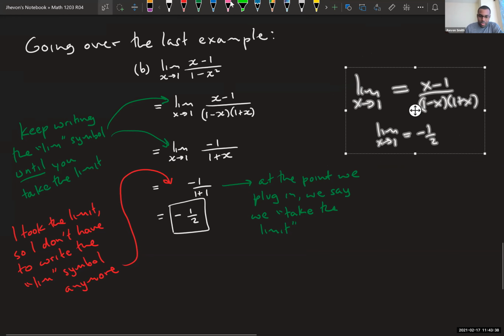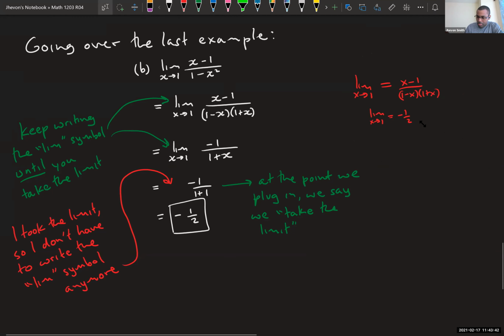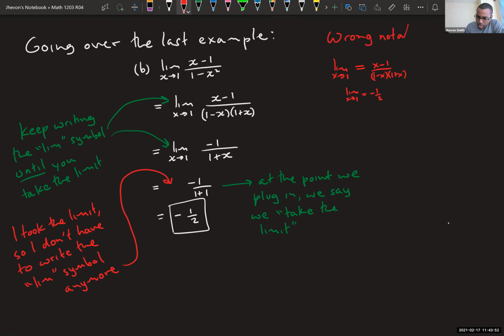You cannot write that. Where the equal sign is matters.